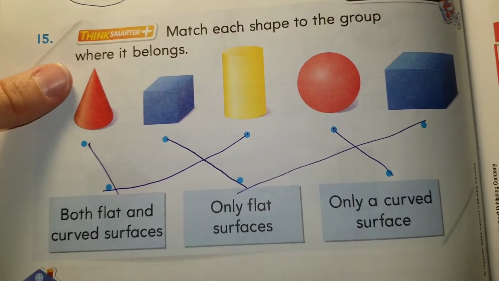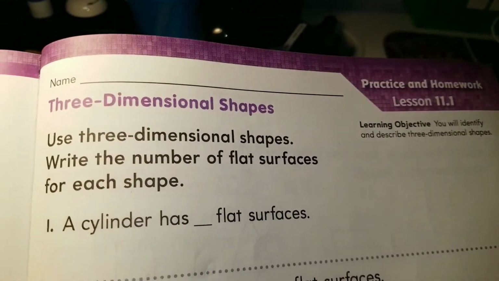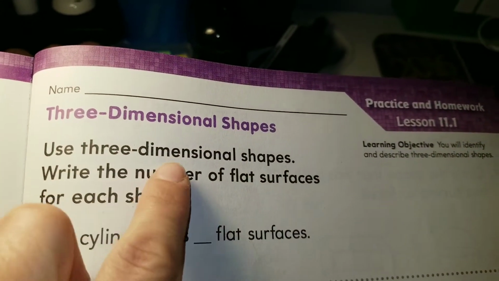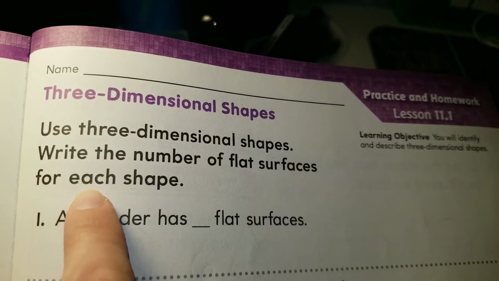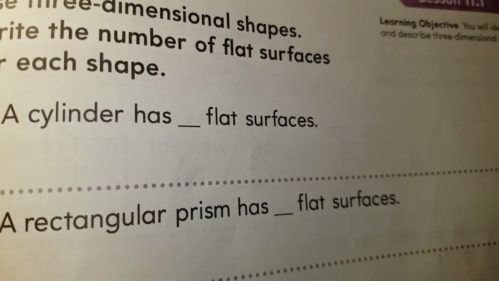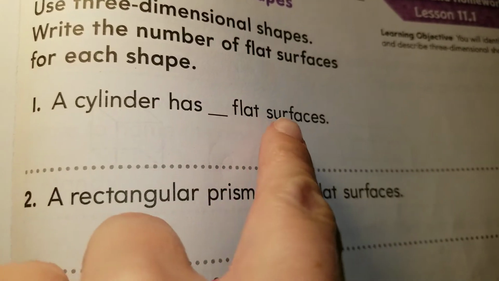All right, boys and girls, so we're moving on to our homework. I'm going to explain really quick the homework. It says three-dimensional shapes. Write the number of flat surfaces for each shape. So number one, a cylinder has. So you can go back and see how many flat surfaces.